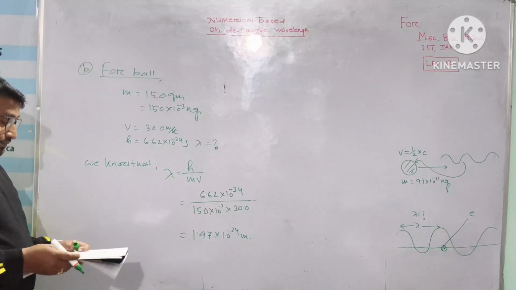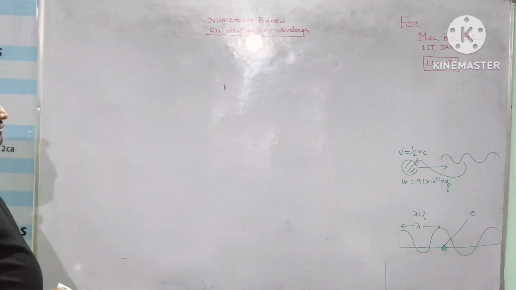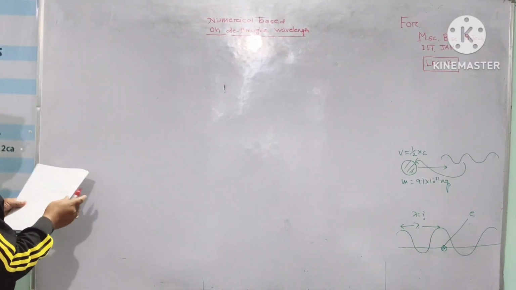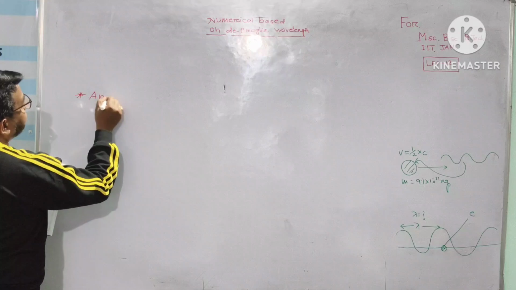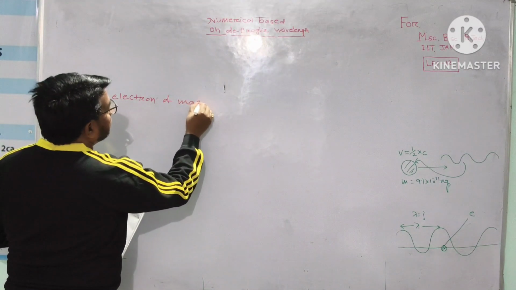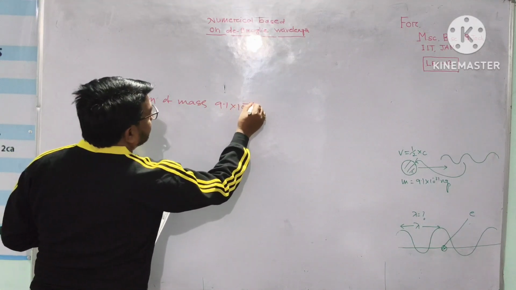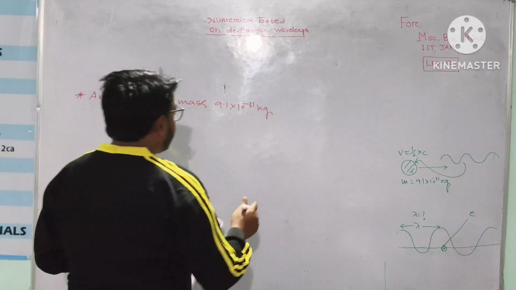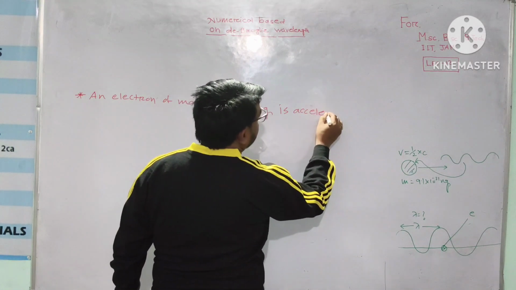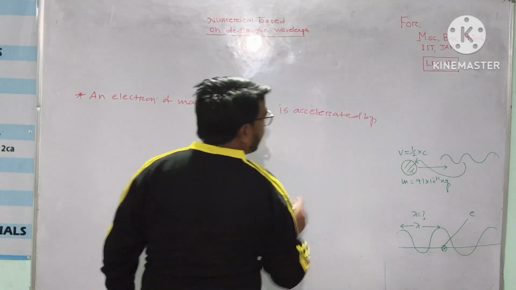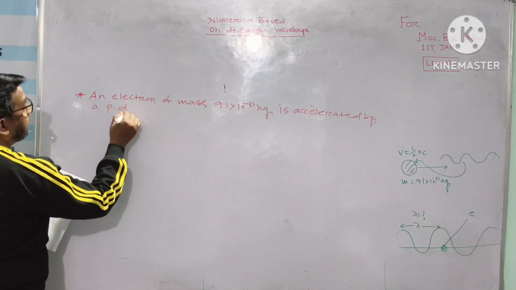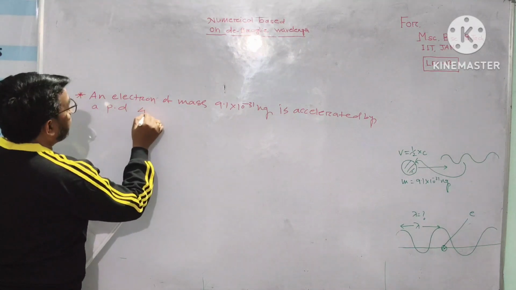Okay. Now our last numerical problem: an electron of mass 9.1 into 10 to the power minus 31 kg is accelerated by a potential difference of 40 volt.